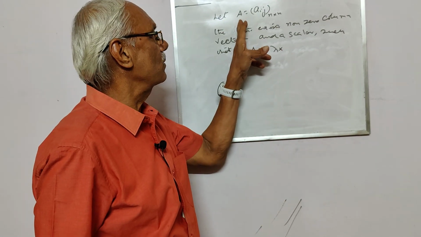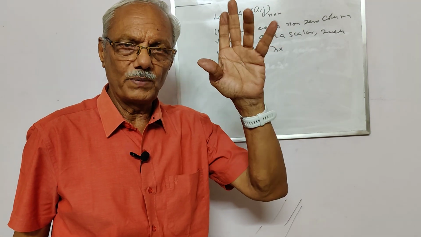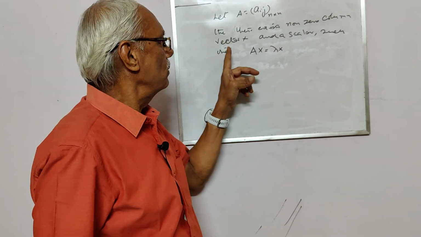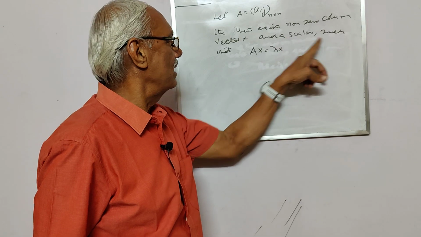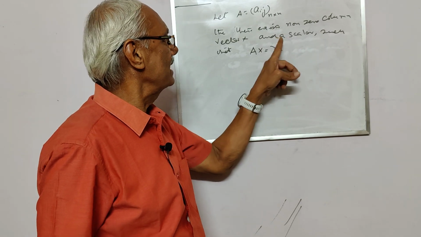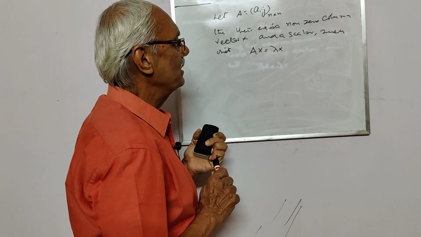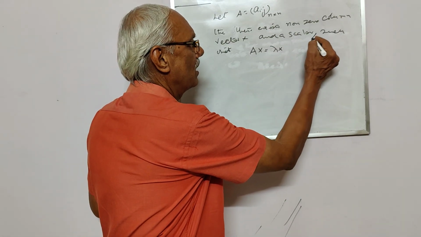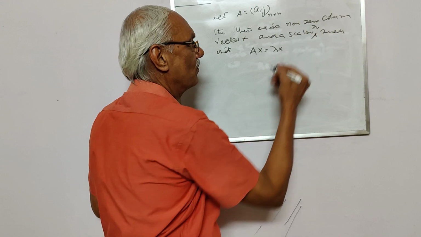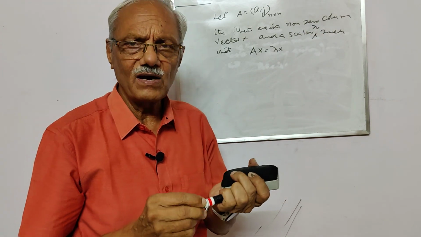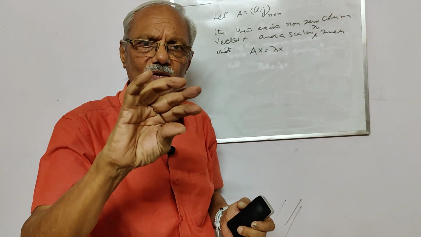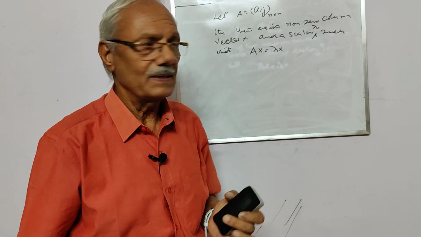If it is an n cross n matrix, n components. And a scalar is just a number, a scalar lambda, such that Ax is equal to lambda x.